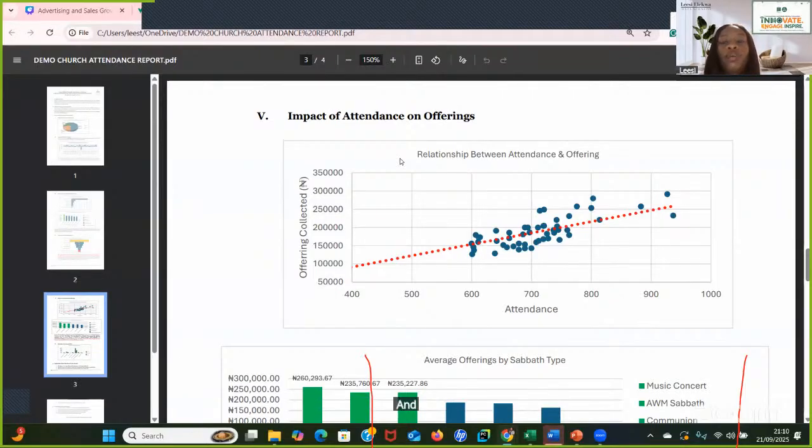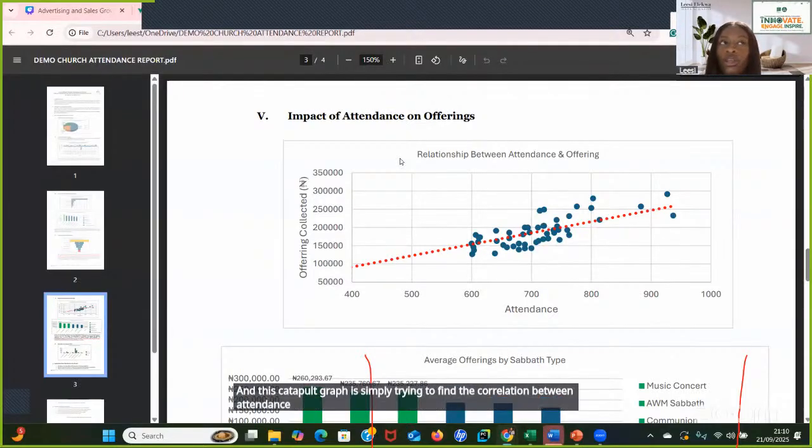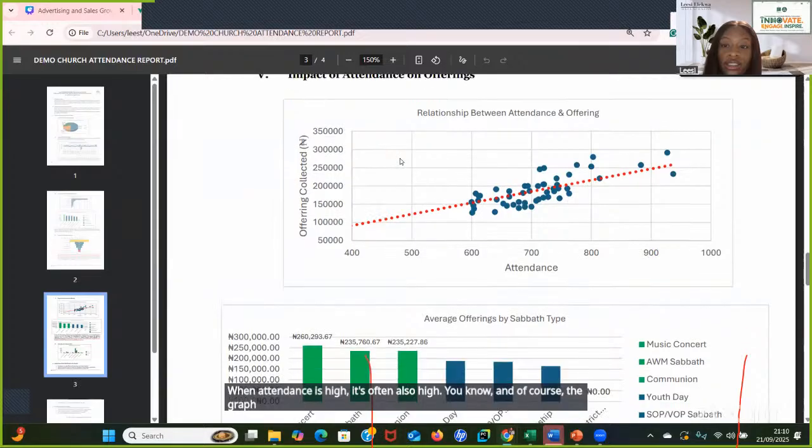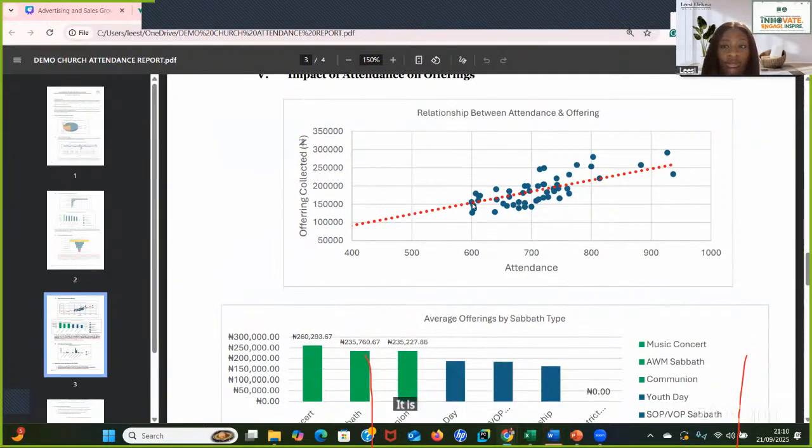This scatter plot graph is simply trying to find the correlation between attendance and offering. Let us understand, when attendance is high, is offering also high? And of course, the insight says that we can see the red line, the trend. It is directly proportional. As attendance increases, our offerings for the church also increase.